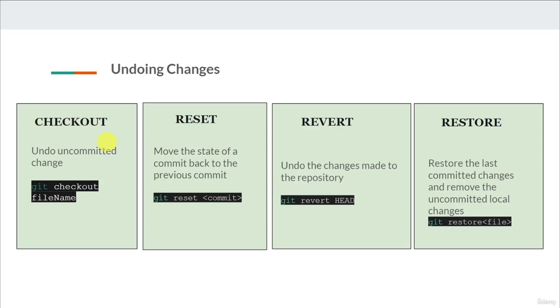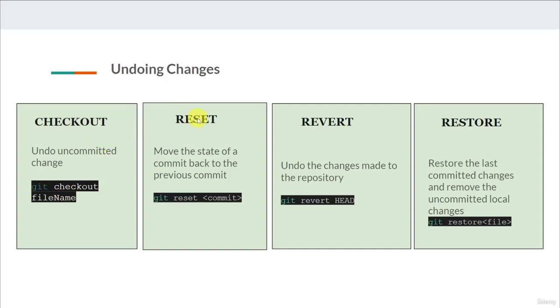Here, we are using checkout to undo the uncommitted change. We have some uncommitted changes in our working tree and we need to undo them. For that we can use git checkout. The syntax is git checkout file name.